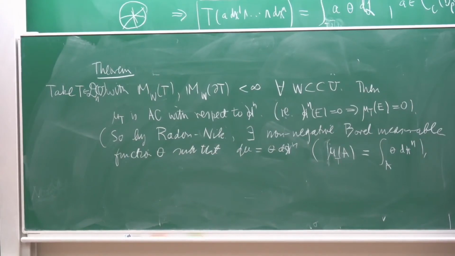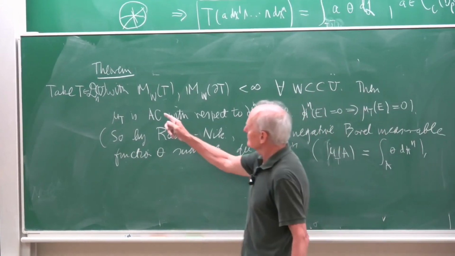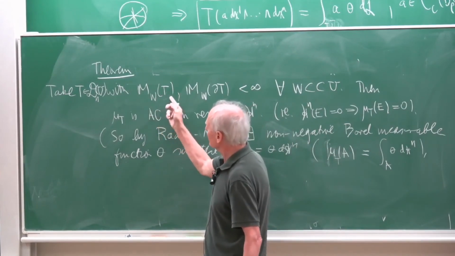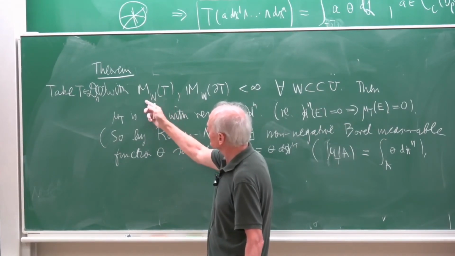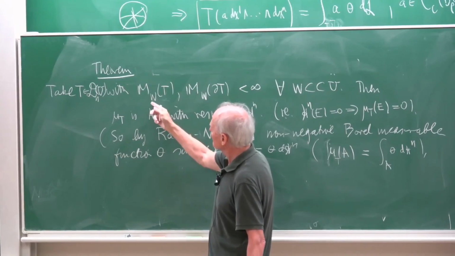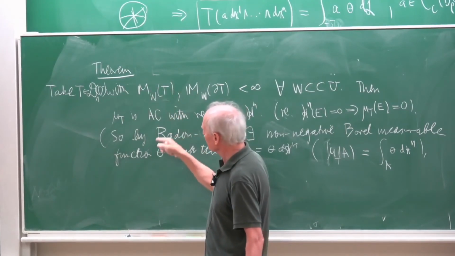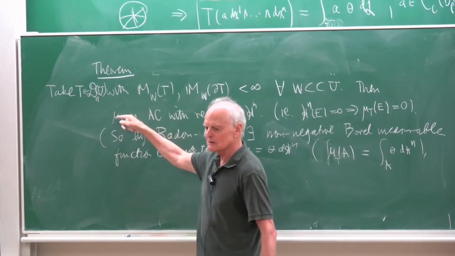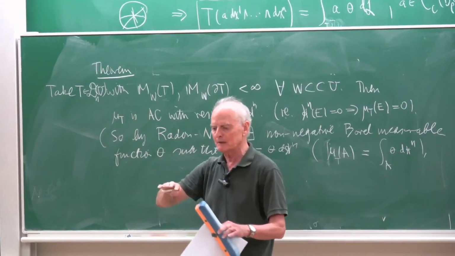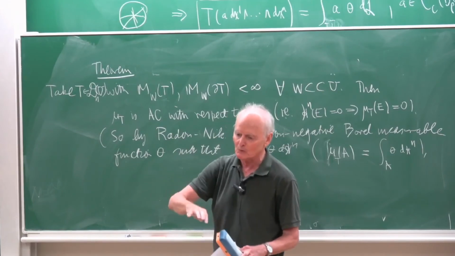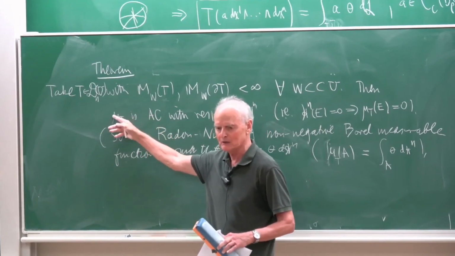So that's actually rather good. I know it's hard to keep track of all these tiny little facts, but the mass of T on W being finite, remember, already means there's a measure. So it starts to look like the prototypical example of a manifold, but not really, because it's just an abstract measure.